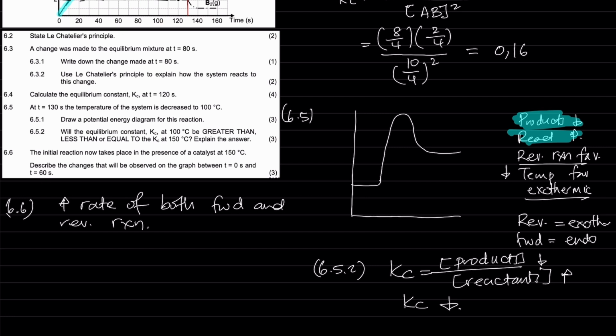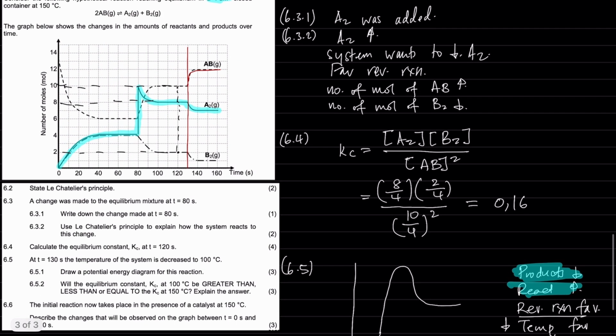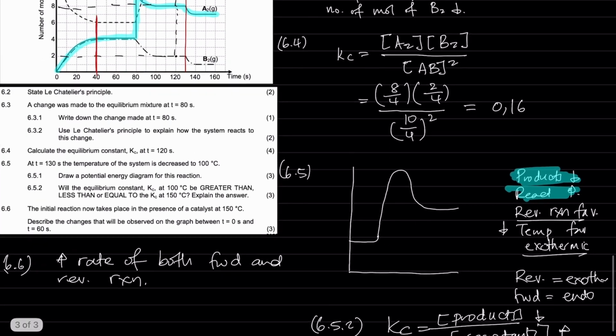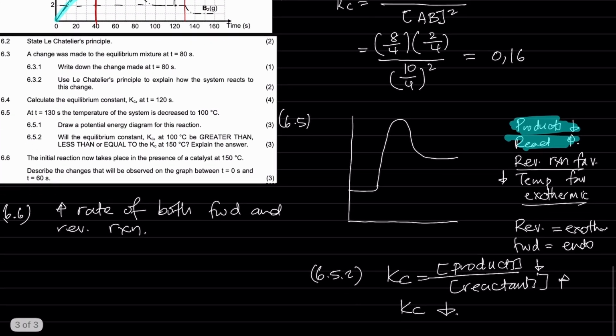Now, how will that look on this graph? So basically, if we follow our original graph, we can see that equilibrium is reached at about 40 seconds. Now, when a catalyst is used, the equilibrium will be reached in a shorter time. So equilibrium will be reached in less than 40 seconds.